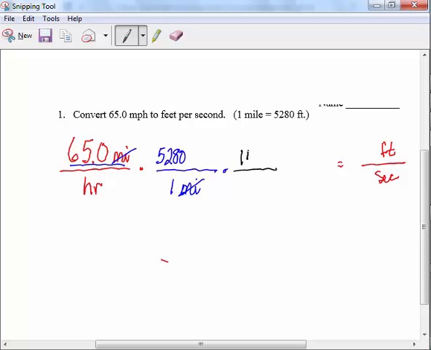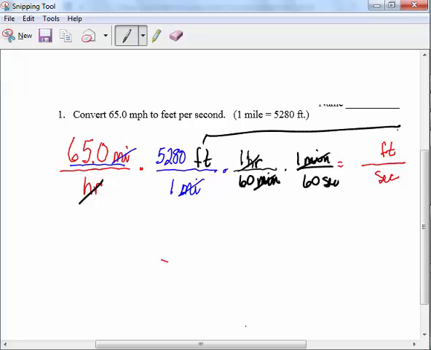Then let's convert the hours into seconds. 1 hour is 60 minutes, and 1 minute is 60 seconds. So when we get done with all of our units, we have feet left on the top, and we have seconds left in the denominator.